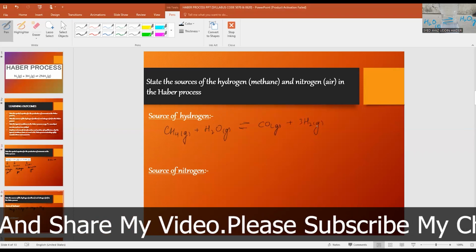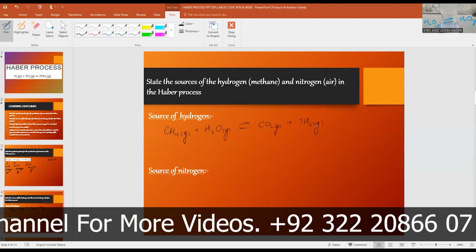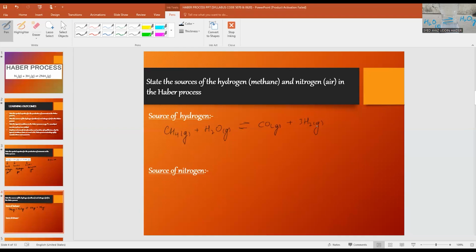Hydrogen can also be obtained through cracking of heavy fractions of crude oil or oil. Nitrogen is obtained by the fractional distillation of liquid air.